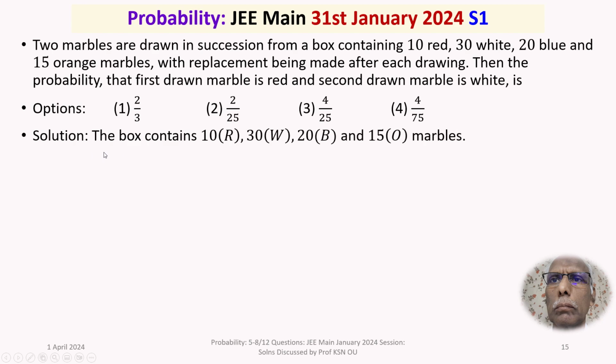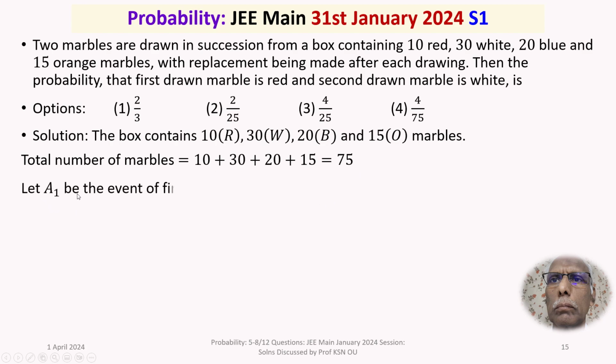It is given the box contains 10 red balls, 30 white balls, 20 blue balls, 15 orange balls. The total number of marbles in the box is 75 if you add them. Let A1 be the event of first drawn a red marble. What is it that you want?